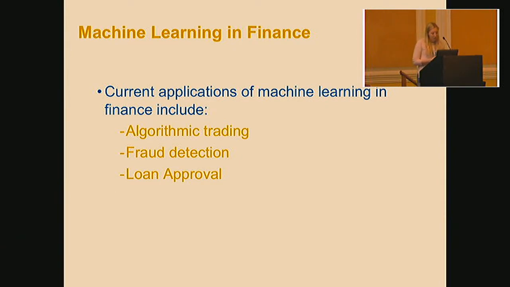Current applications of machine learning in finance include algorithmic trading, or automated trading: systems that monitor stock prices and can make a decision on whether to buy or sell. Fraud detection: as ways of committing fraud become more sophisticated, so must the systems preventing it. These systems now need to be able to learn and adapt to new threats.